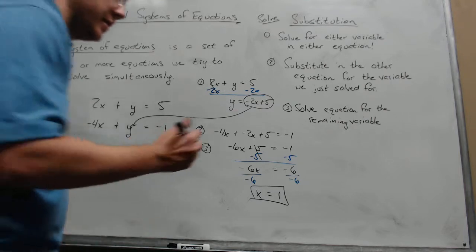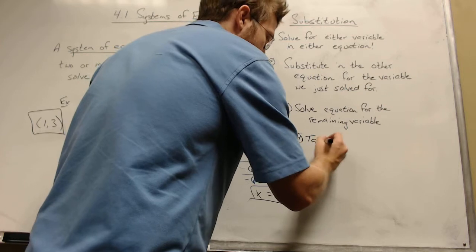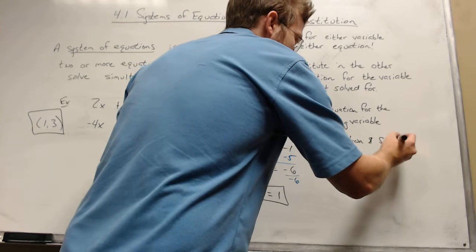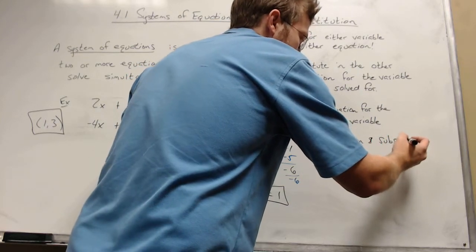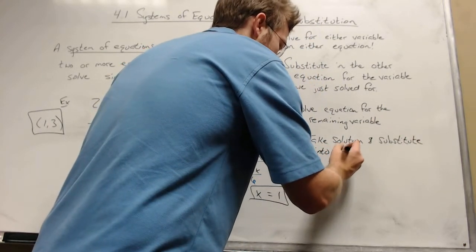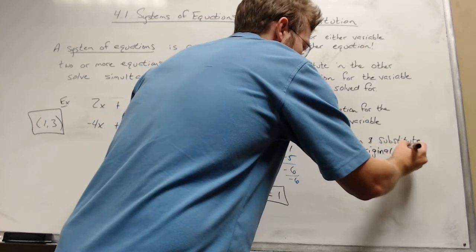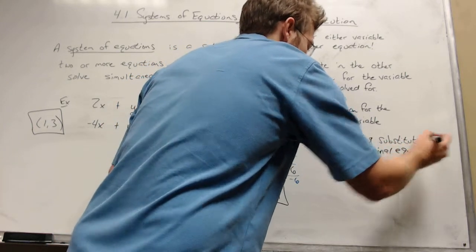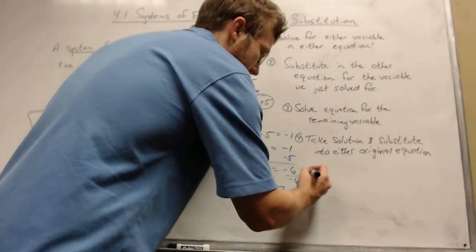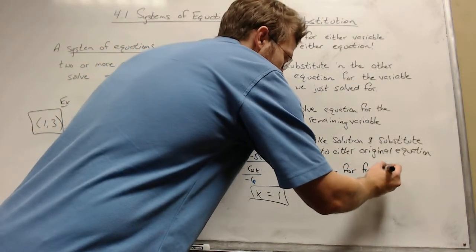So step 4 would be to take your solution and substitute into either original equation. And once we substitute it into either original equation, we can finally solve for the final variable.